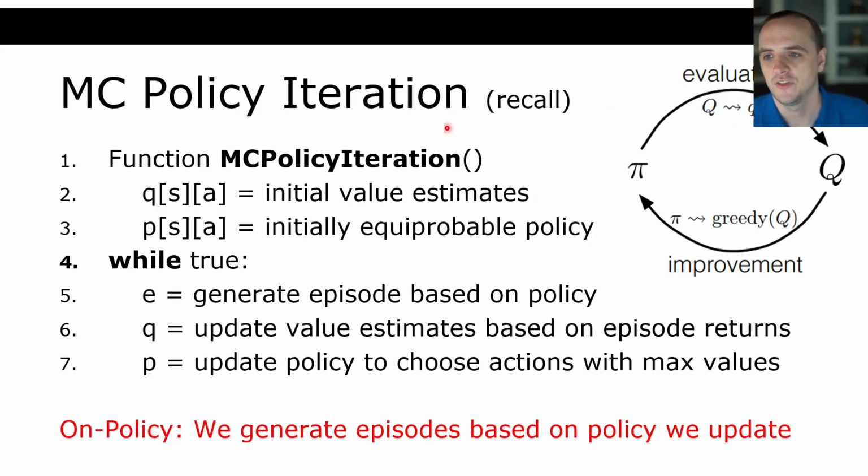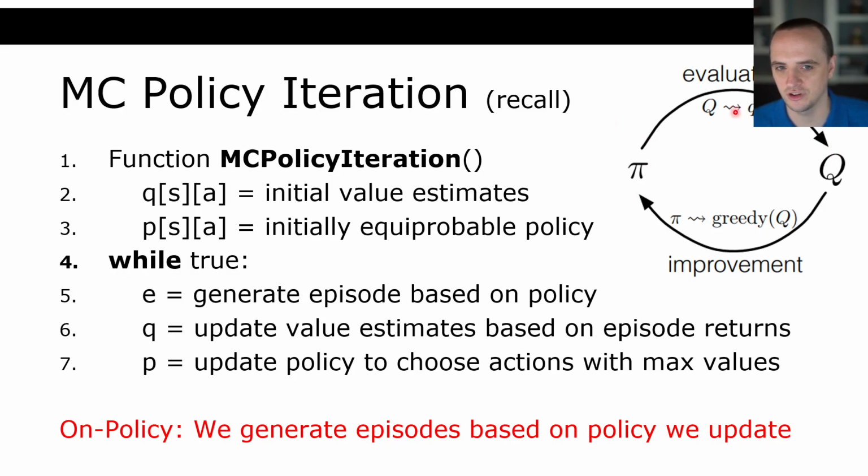So this is Monte Carlo policy iteration. Remember, we covered this last time. We have some initial value estimates and we have an initial, probably random, policy. And then while true, we generate an episode based on that policy. Okay, so that's this part up here.